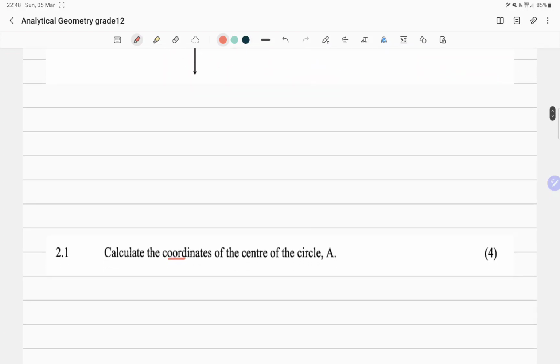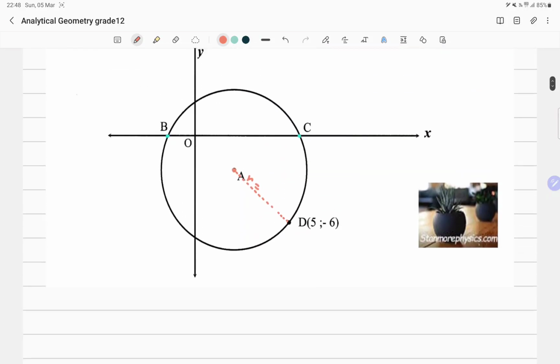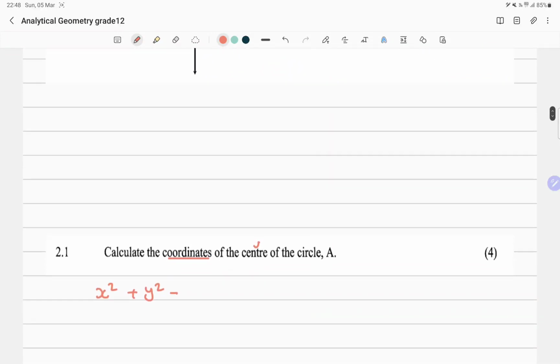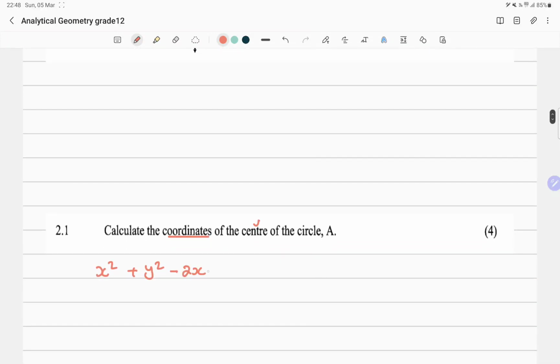Calculate the coordinates of the center of the circle A. We've been given that the equation of the circle is x squared plus y squared minus 2x plus 6y equals 15.